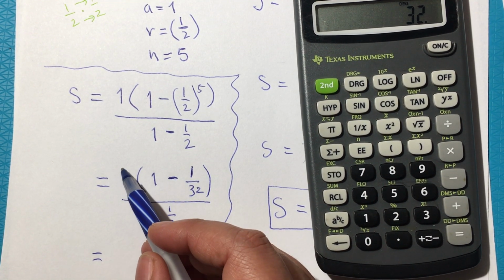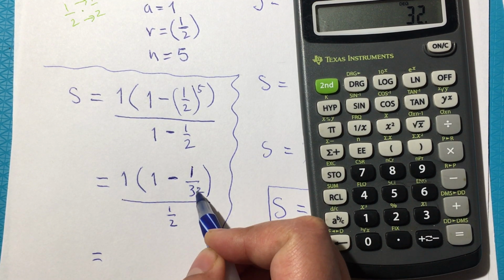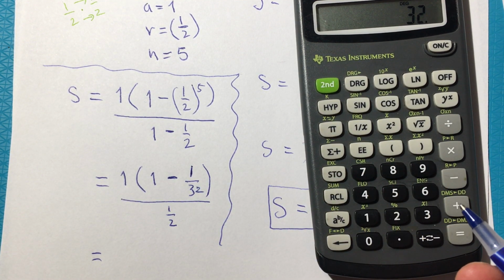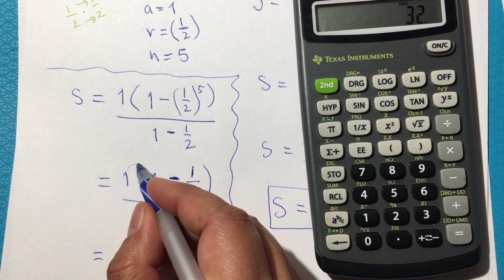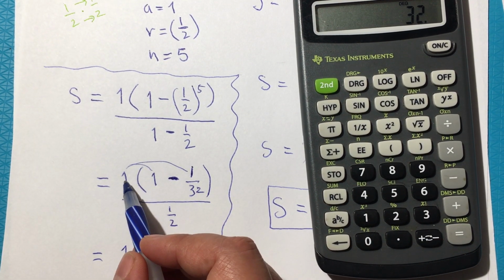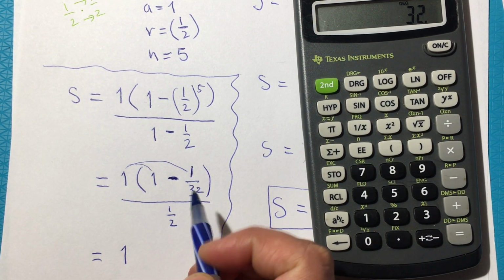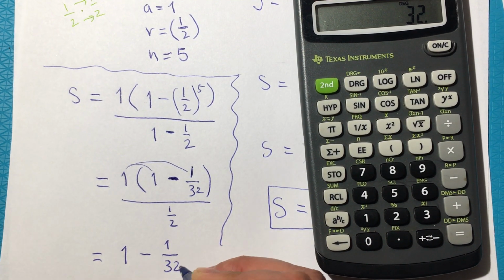Or you can use distributive property. 1 times 1 is 1. 1 times negative 1 over 32 is negative 1 over 32. And just for the sake of it, I'll do distributive property first. So 1 times 1 is 1. 1 times negative 1 over 32 is negative 1 over 32.